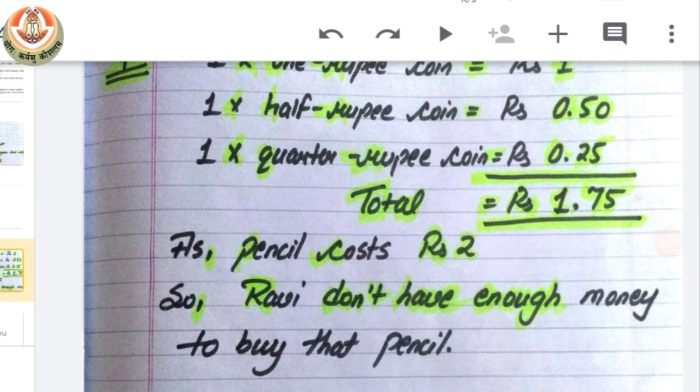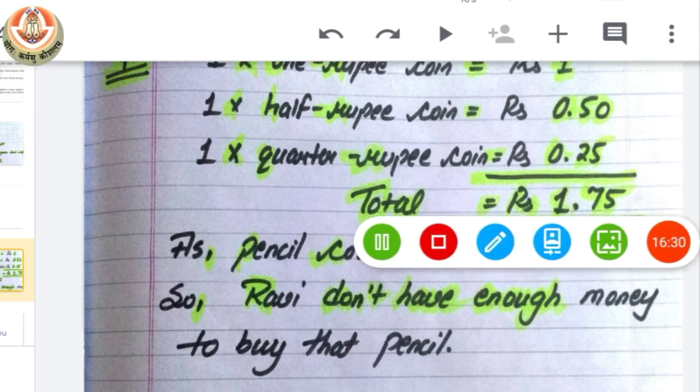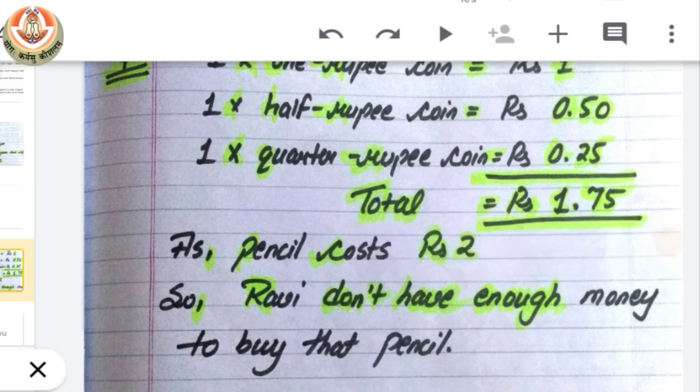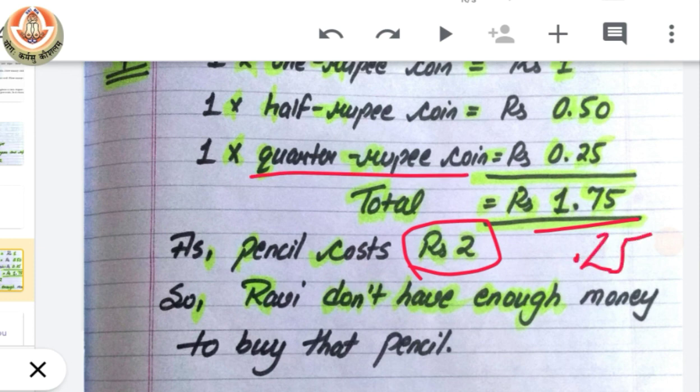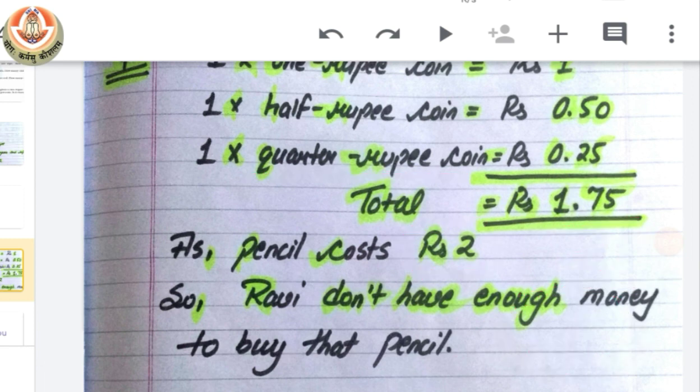So we all can see here, to complete 1 rupee 75 paisa to 2 rupees, he should have 1 more quarter rupee coin. Means he should have more 25 paisa to make it equal to 2 rupees. Okay. I hope this kind of questions are clear to you all.